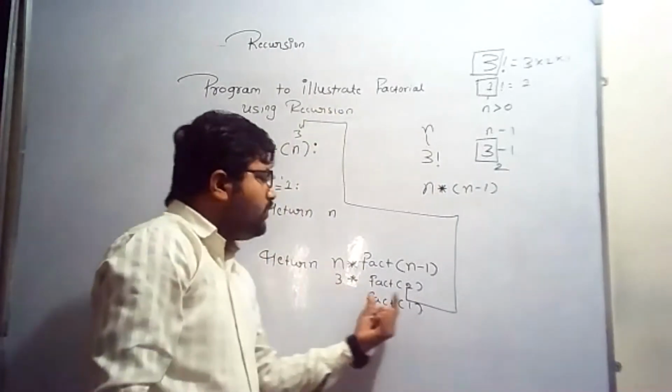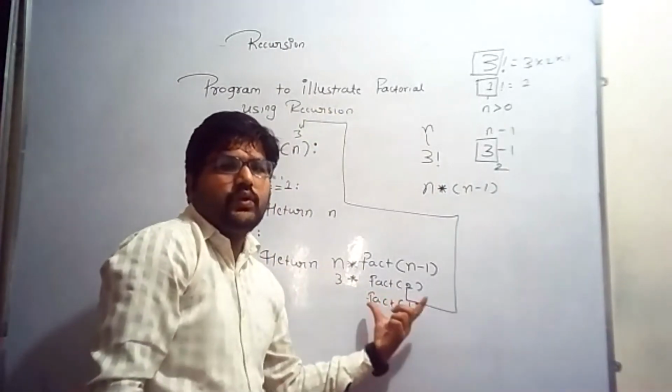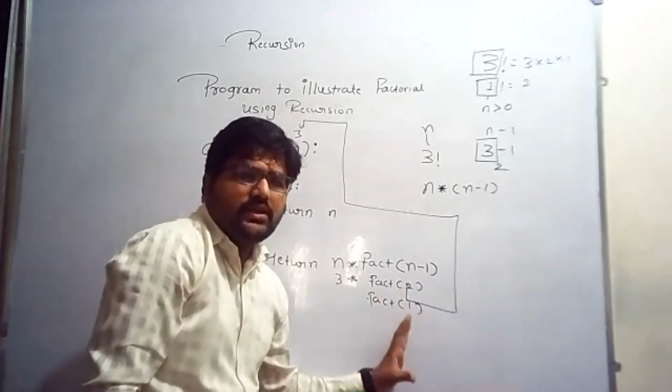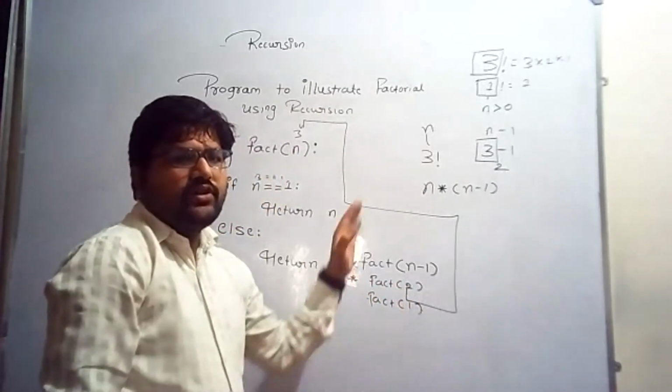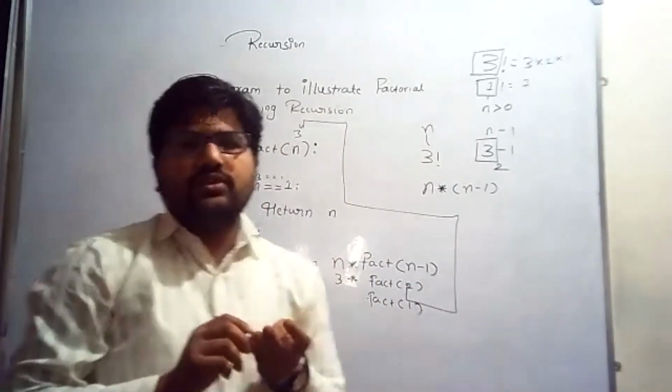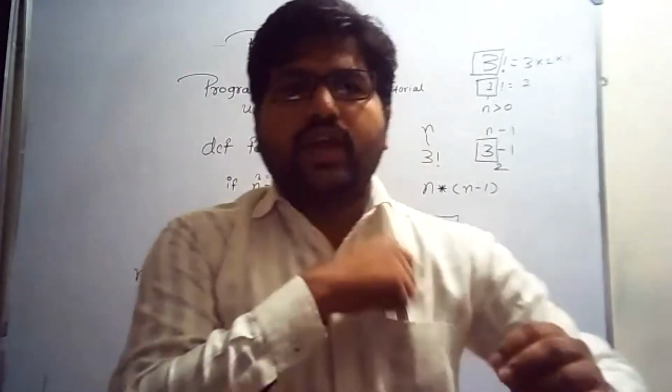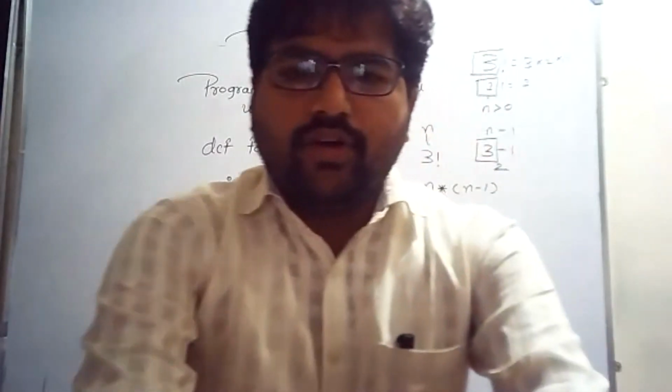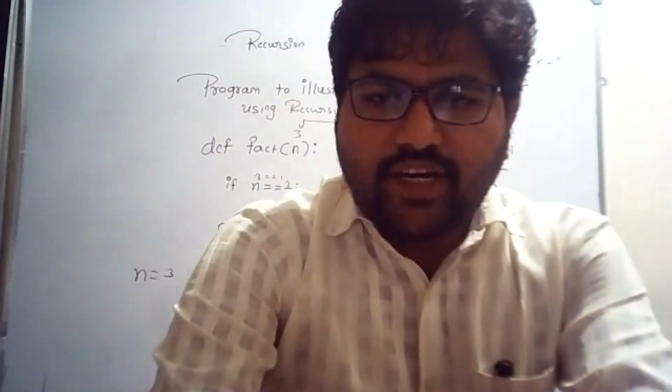Okay. Then 3 into 2, that is 6. After this, 6 will be returned. Let us run the program and understand the logic.